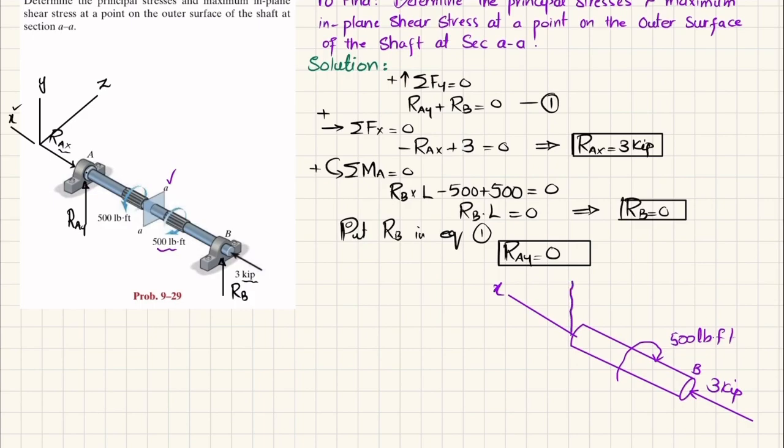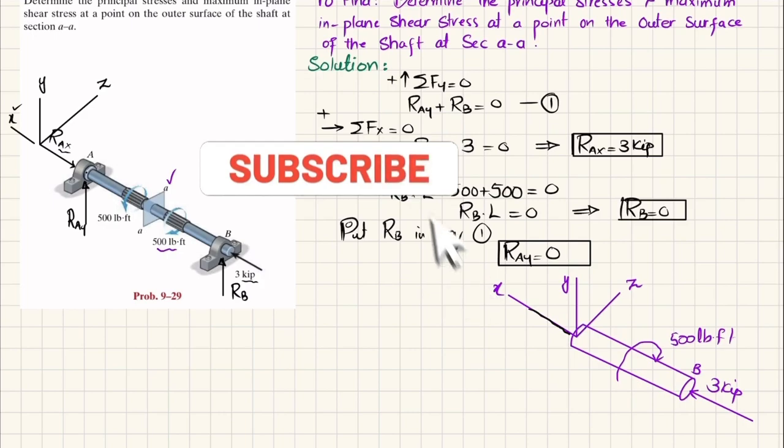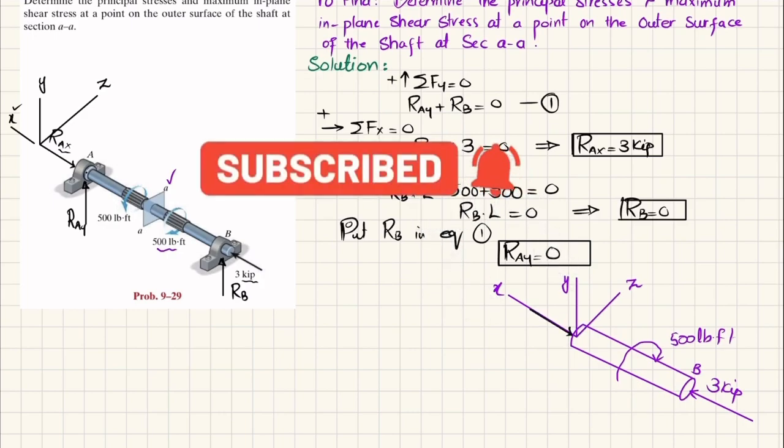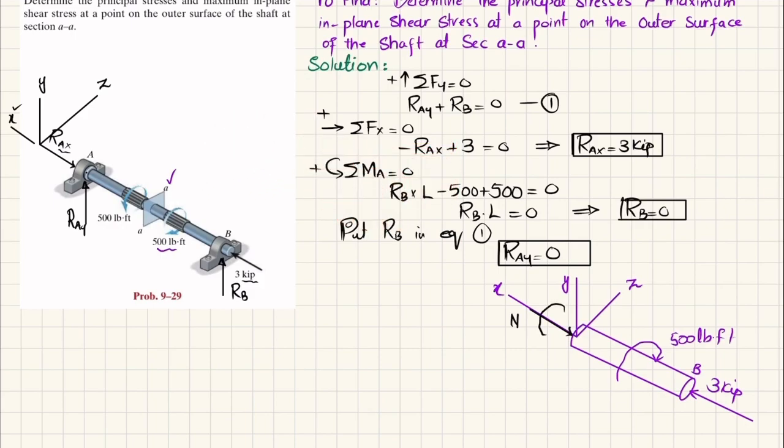Similarly y in vertical direction, and z is in this direction. So when you cut it, you will have a normal force acting opposite to this. Let this force be N, and you will have a torque opposite to this, that will be counterclockwise, and this torque will be represented as T.